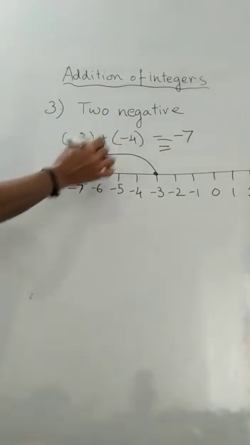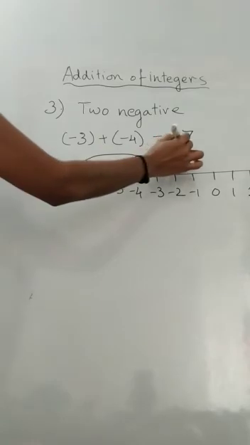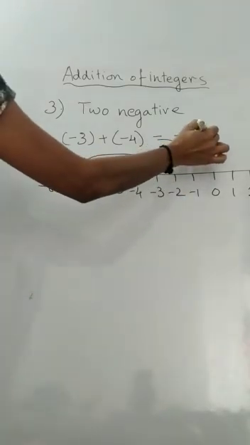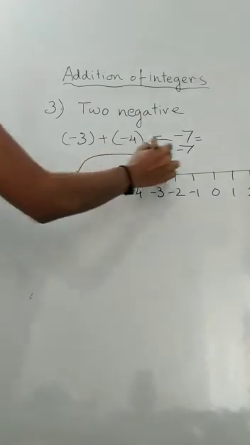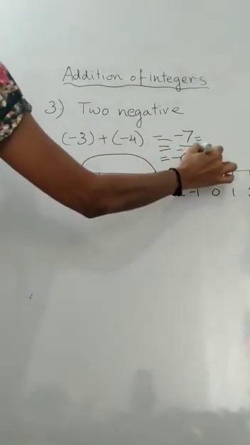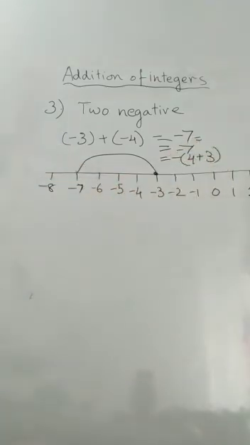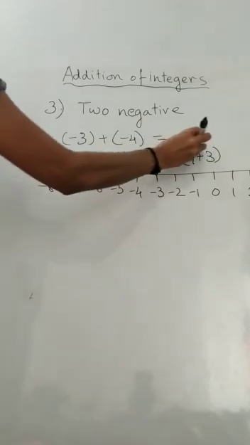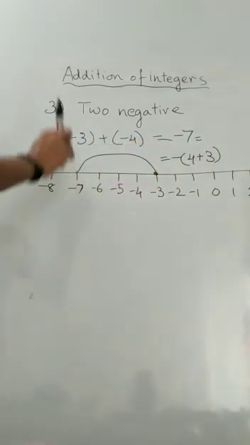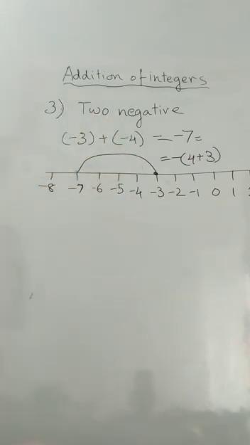What is 3 plus 4? It is 7. Okay, and you give a negative sign. That is another way you can write: minus of 4 plus 3. That is a simple way to write. Here you are studying it for the first time. That is why we are explaining it on the number line.